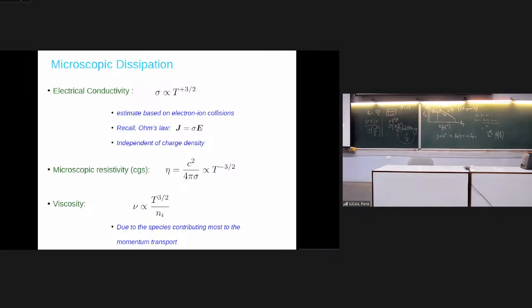Its dependence on temperature is given here. That's the Ohm's law, which is a model which simply linearly relates electric field to electric current in the rest frame of the plasma.